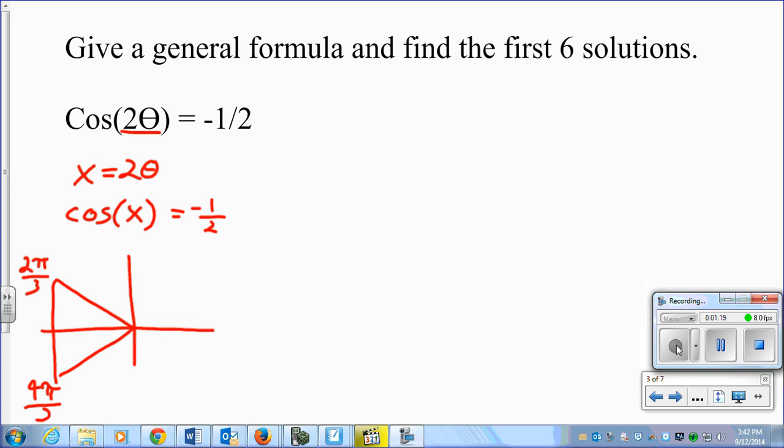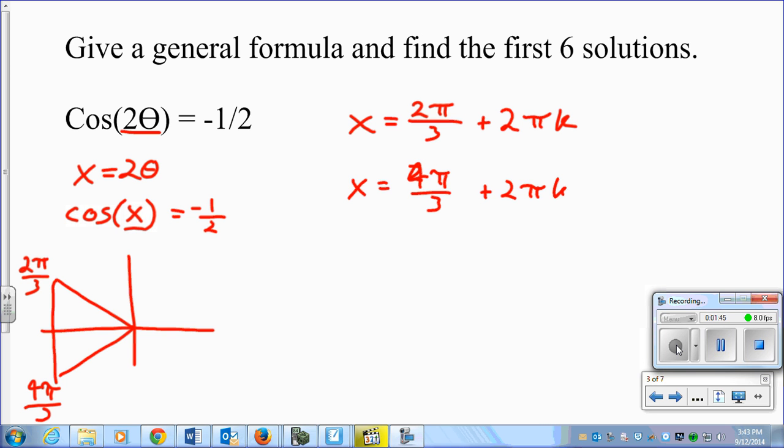Remember, we're still working within our x variable. So x is going to be equal to 2 pi over 3 plus 2 pi k. Then for the other solutions, the quadrant 3 solutions, we get x is equal to 4 pi over 3 plus 2 pi k.